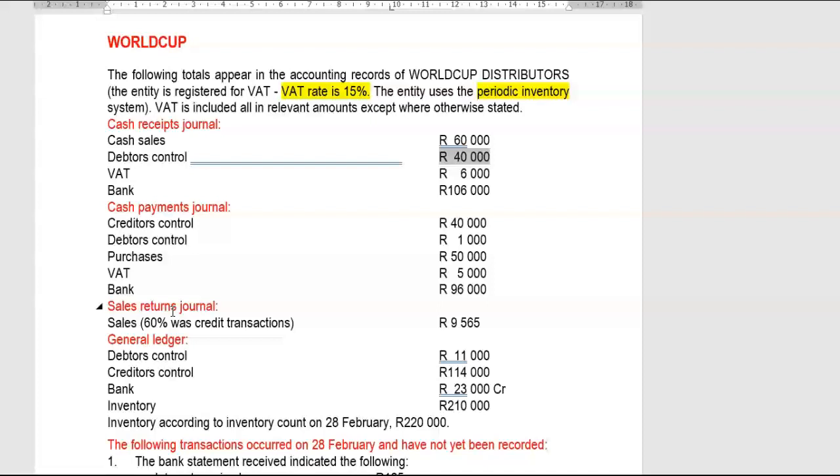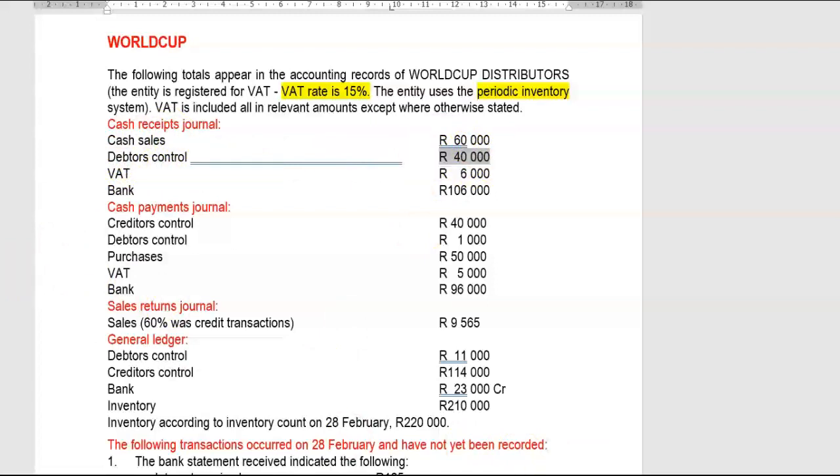Think back about that exercise that we've done on journals and allowances. There you've seen very clearly that the amount that we post in the debtors column will be the full invoice amount. So the full invoice amount will then be posted against the credit side of the debtors control account.